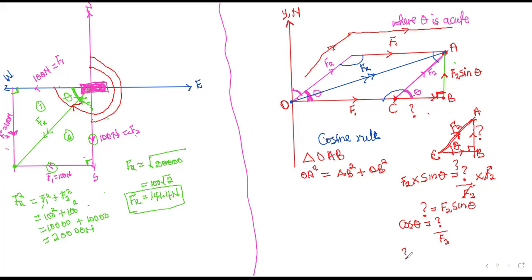The unknown adjacent will be equal to F2 cos theta. So it means that this part CB is also F2 cos theta. Class, are we okay here?